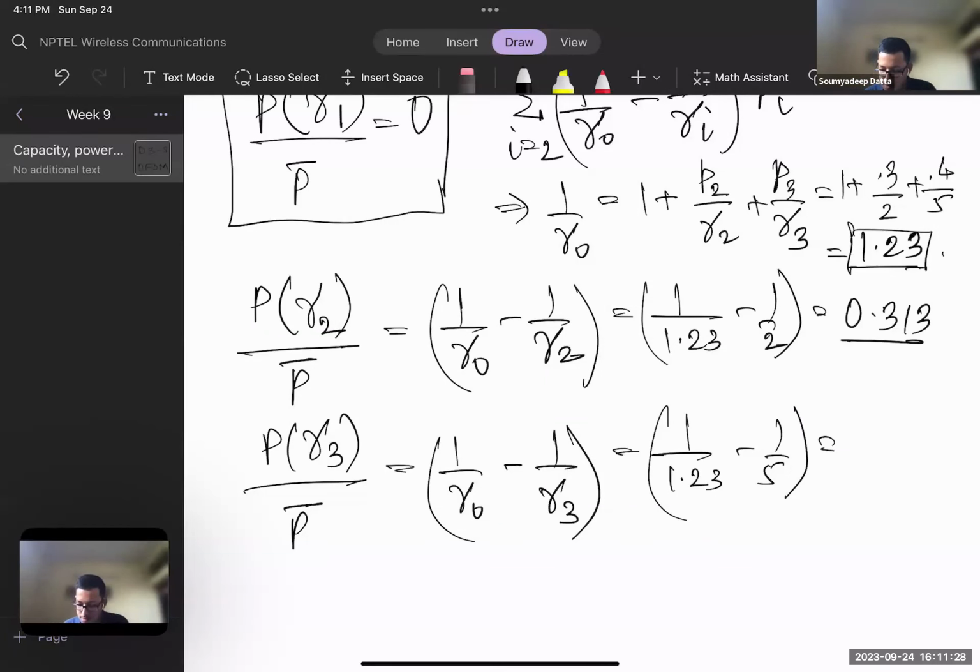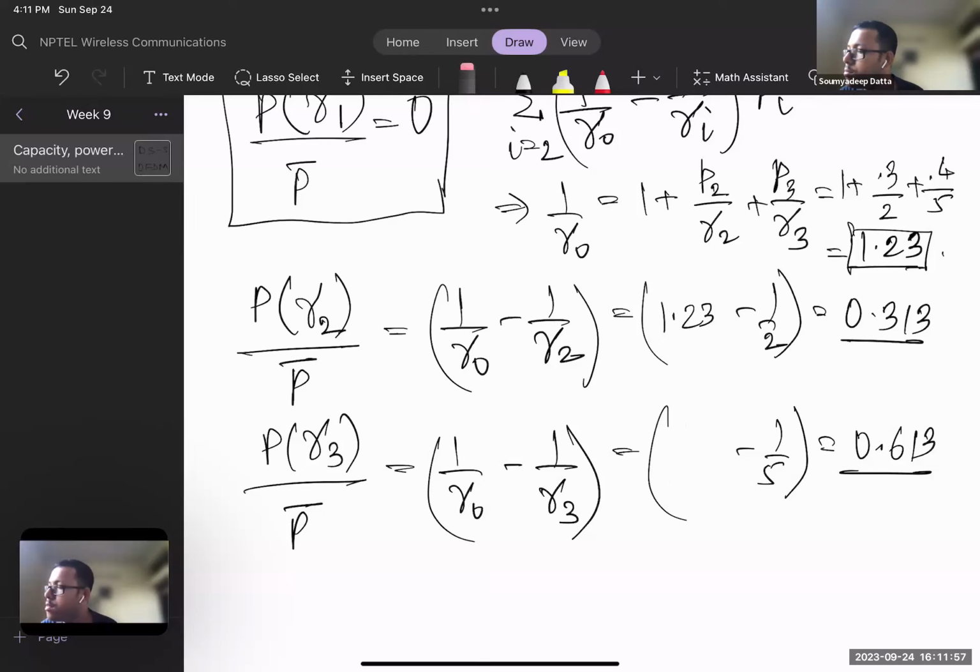Minus 0.2 comes out to be 0.613. Oh, okay, my bad. Calculation error. So this is 1.23 minus half. And this is 1.23 minus, yeah. Calculation error again, because 1 by gamma naught is 1.23.